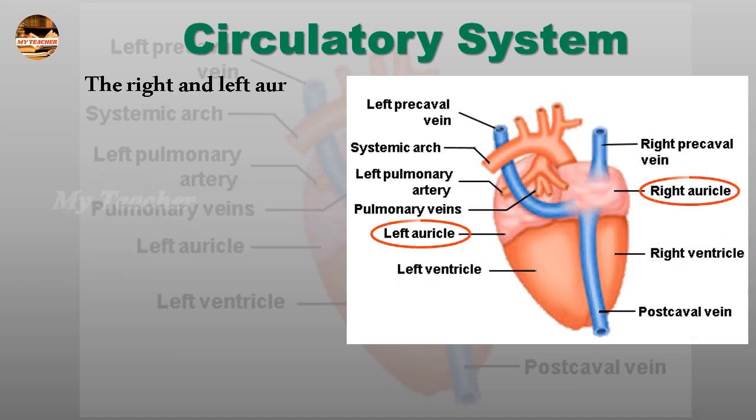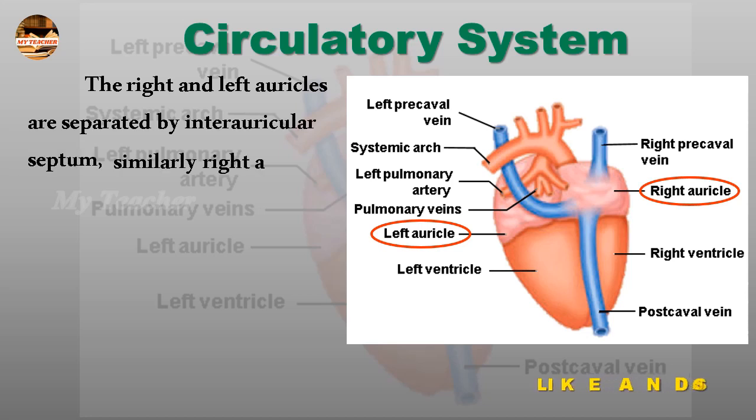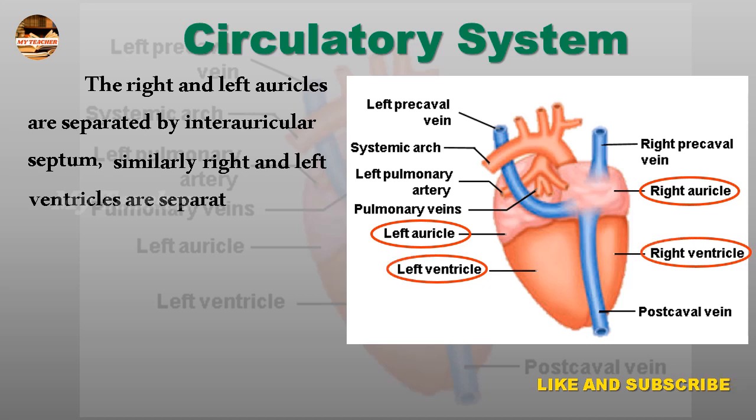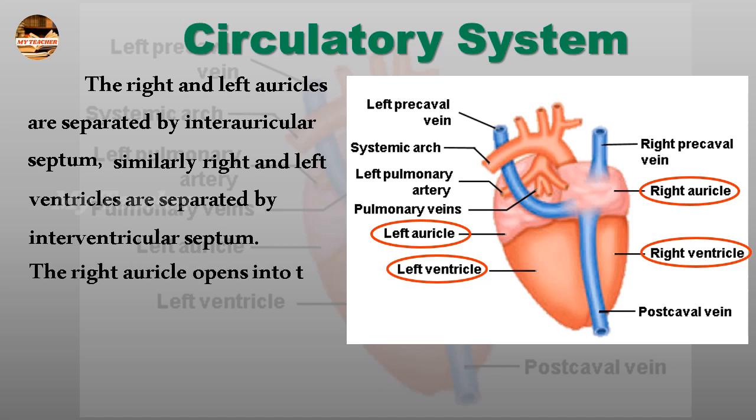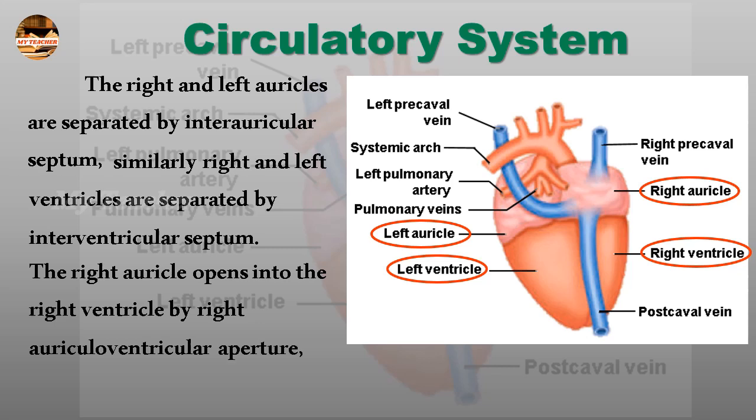The right and left auricles are separated by interauricular septum. Similarly, right and left ventricles are separated by interventricular septum. The right auricle opens into the right ventricle by right auriculoventricular aperture. It is guarded by a tricuspid valve.